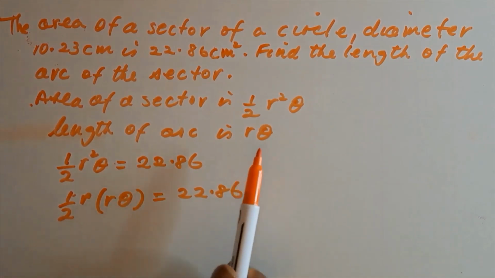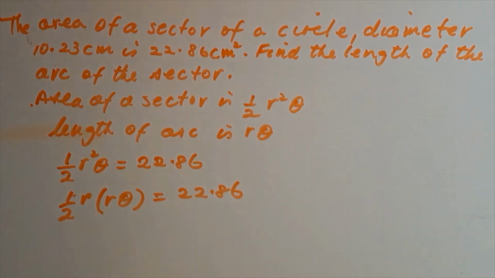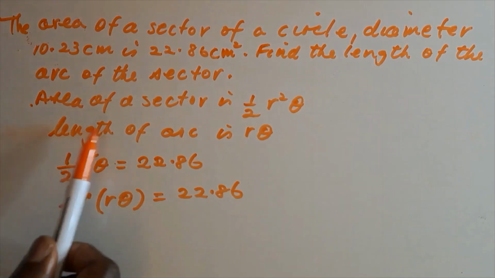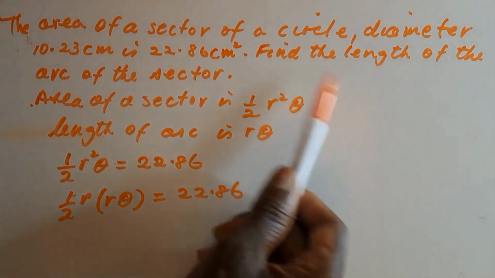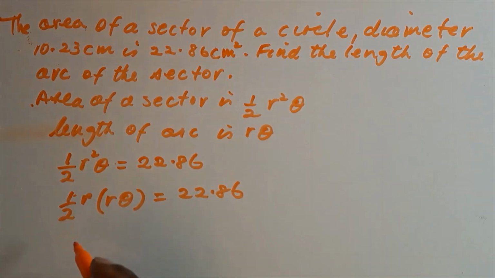So we've factorised r theta, and without knowing what theta is, we can go ahead and find what the length of the arc is. We do know the diameter, which is 10.23 centimeters, so we just need to divide by 2.